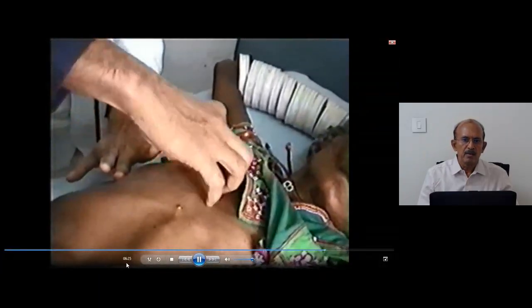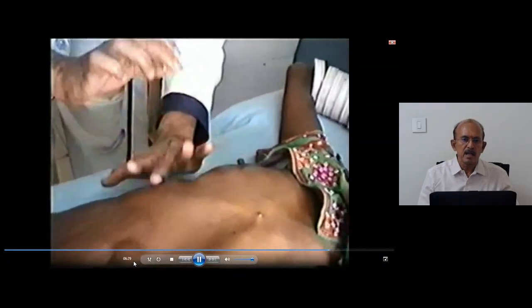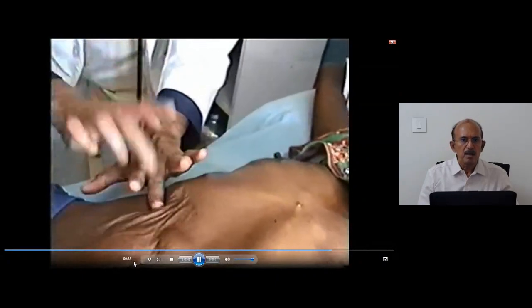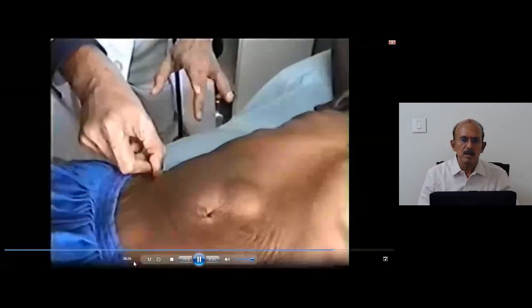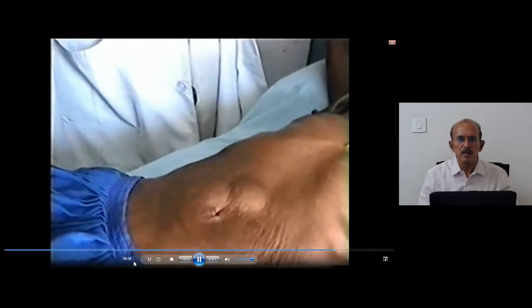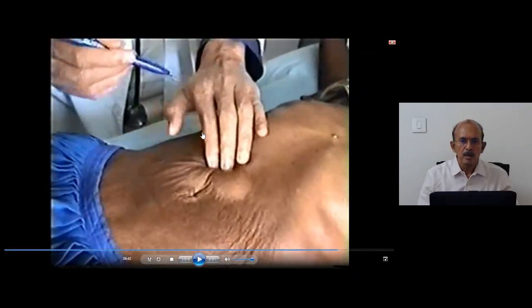That is why I am checking for the liver upper border dullness and continuation of the dullness of the mass with the liver dullness. So that is the lower border of the mass. Here is the costal margin, and here is the lump, and this lump is continuous with the liver dullness. It is moving down with respiration. That means it is a liver swelling.